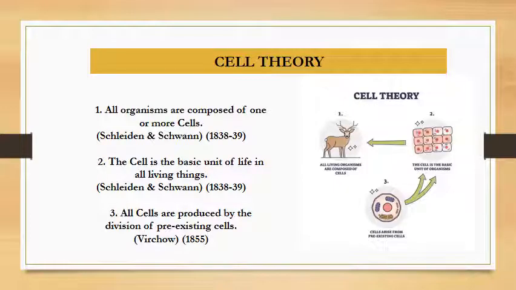At the beginning of the 19th century, several discoveries were made. These finally led the German botanist Matthias Schleiden and German zoologist Theodor Schwann to establish the cell theory. Schleiden observed large variety of plant tissues and found all of them were composed of cells.